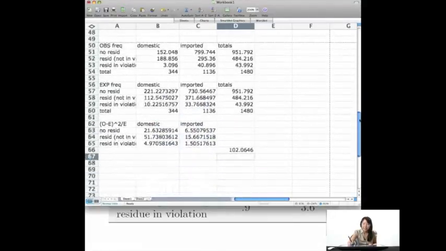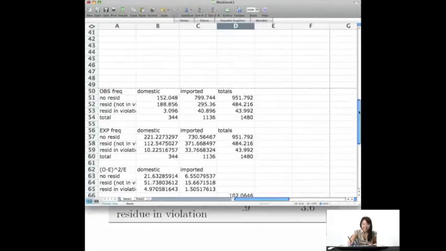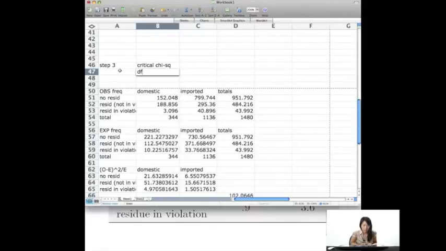But we've forgotten the different steps. We forgot to make a decision stage. So let's go ahead and do step 3. So the decision stage will be our critical chi-square. And our critical chi-square is found with degrees of freedom of the categories times the degrees of freedom of the populations multiplied together.